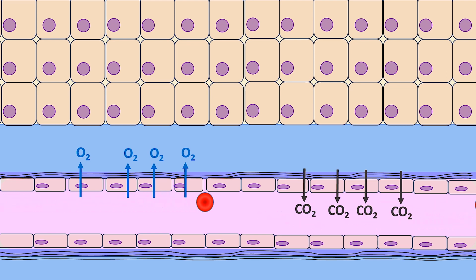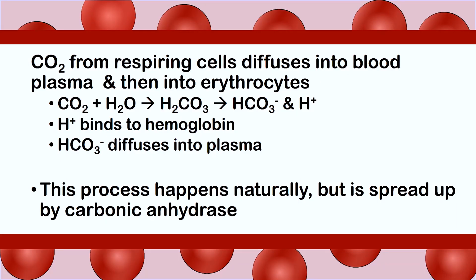The transport of carbon dioxide happens in a more complicated fashion than you might otherwise expect. Carbon dioxide from the respiring cells diffuses into the blood plasma, and then it gets into the erythrocytes, into those red blood cells. The carbon dioxide will then form carbonic acid, forming a hydrogen ion and a bicarbonate ion.